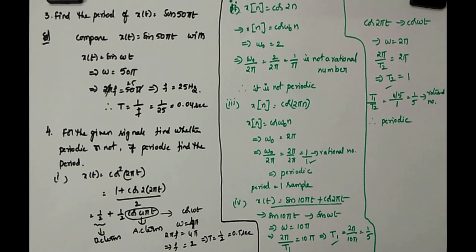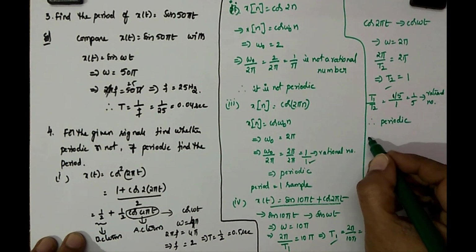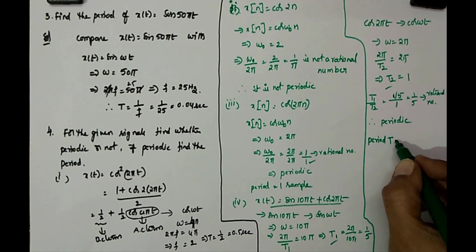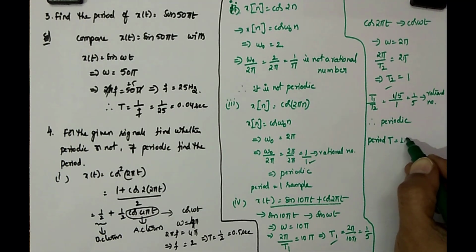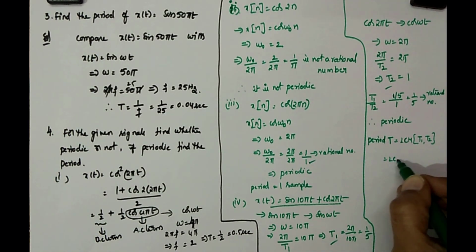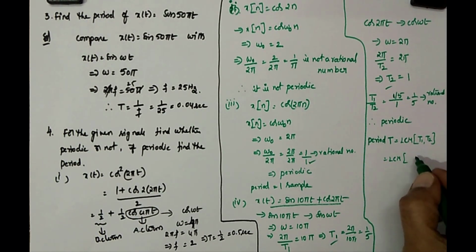Fine. Then how to find the period? To find the period, simply period T equal to LCM of T1 comma T2. That is LCM of, what is T1? 1 by 5, and what is T2? 1.